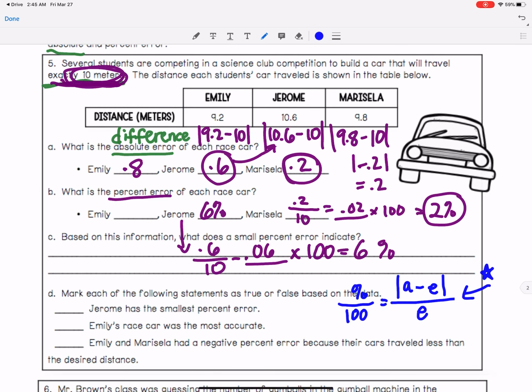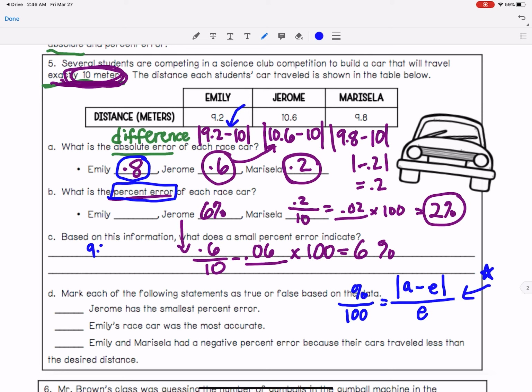Let's go ahead and try to fill out what's Emily's percent error of each race car. Well, in order to figure out Emily's percent error, we have to use this 0.8 that we have. To get the 0.8, I'm going to break this one down kind of slower, okay? If I were using this equation that I have down in blue in the bottom, I would say that we would take the approximate value minus the exact value, and we've actually already done that before up here.